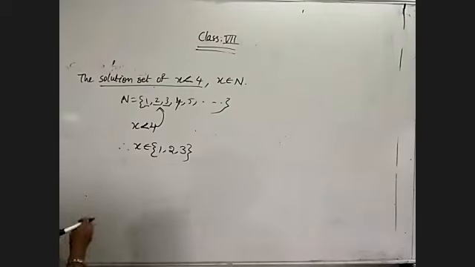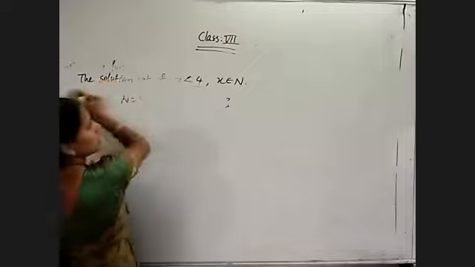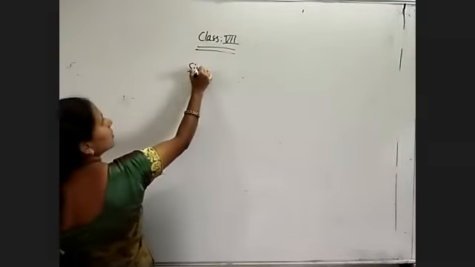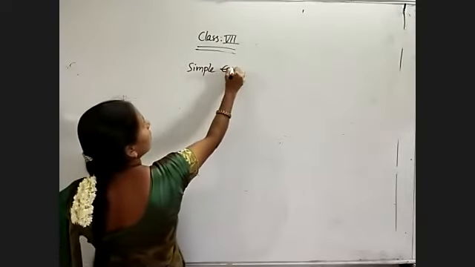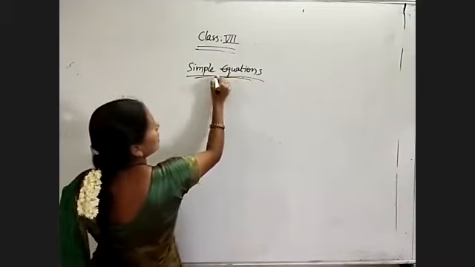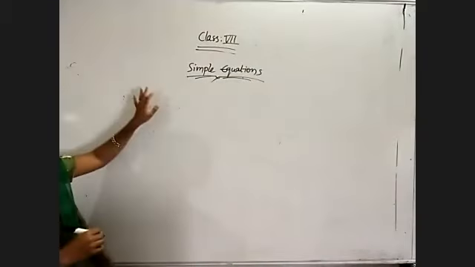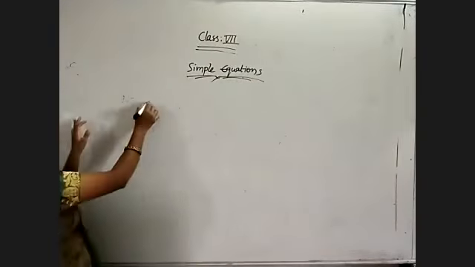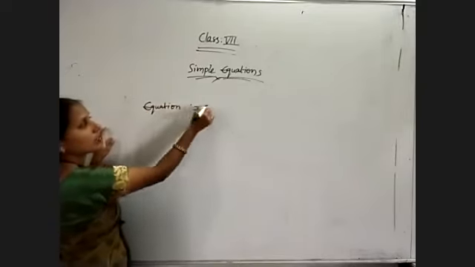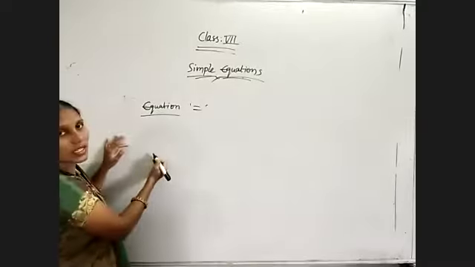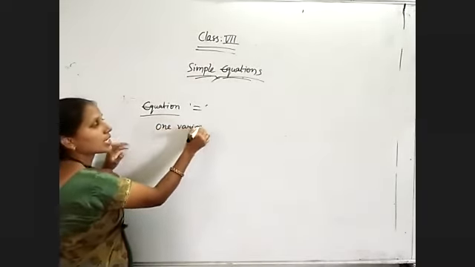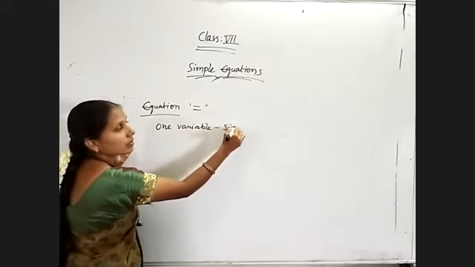Okay, once again listen, I am telling whatever topics we have finished in this chapter. Simple equations, complete revision I have given now. In this chapter we have also studied inequation. Equation is nothing but when two expressions are related with the equal to symbol. If the equation has only one variable, it is a simple equation.